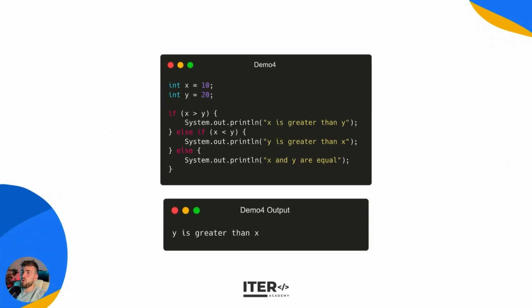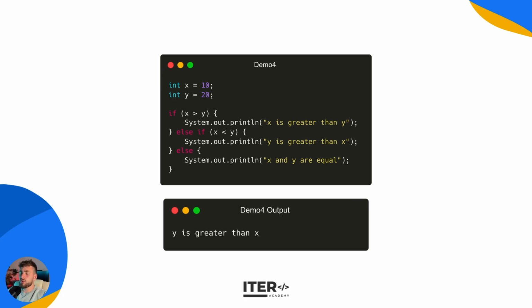Here's an example of an if-else ladder that uses relational operators to compare two integers. So you can see it in the current screen. In this example, the program compares the values of x and y using the greater than and less than operators.